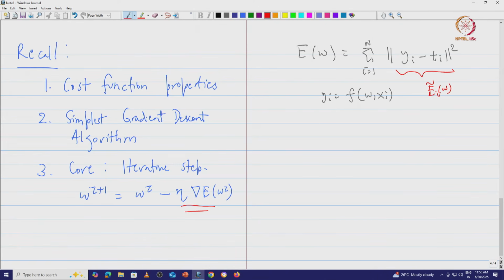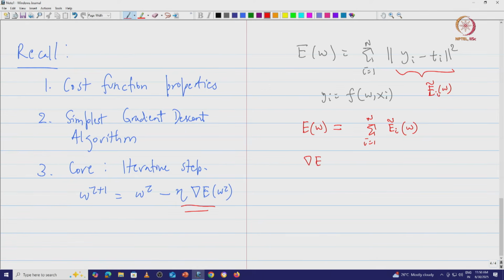So, supposing we look at this cost function in this way, E of omega is the summation i equal to 1 to n of E i tilde of omega. And then we know that gradient distributes across a summation, right.